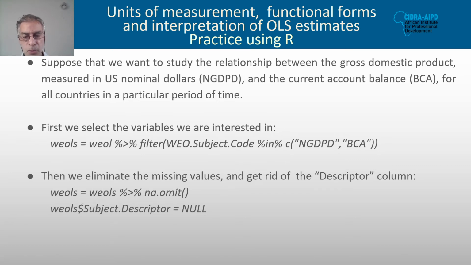what we have to do immediately is to check if there are missing values in the data. If the missing values are not so many, we can get rid of missing values the way that I did there, because we don't have any missing values in this data, but you have to check for that, and get rid of the columns that we are not going to use any longer.